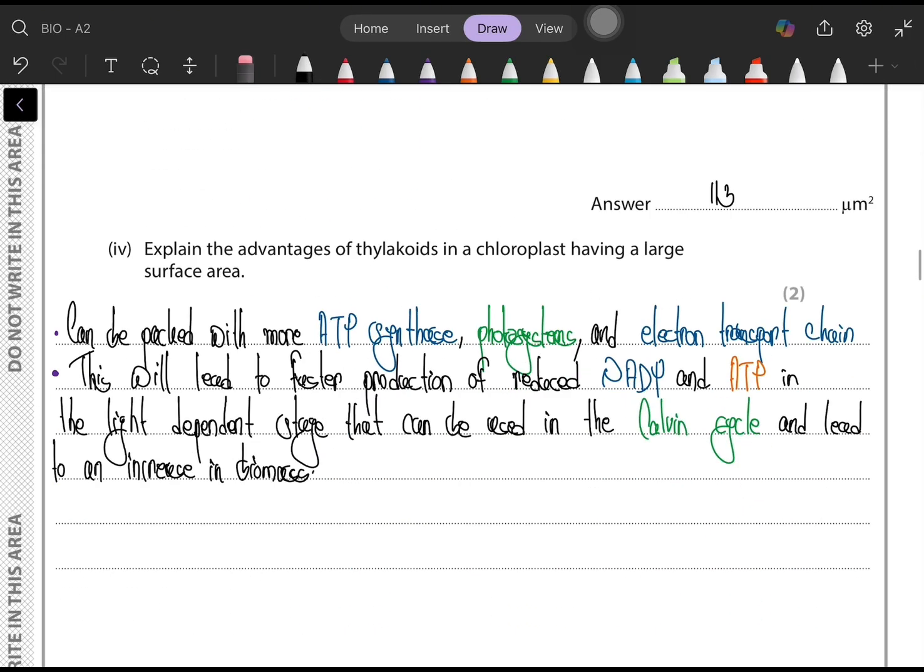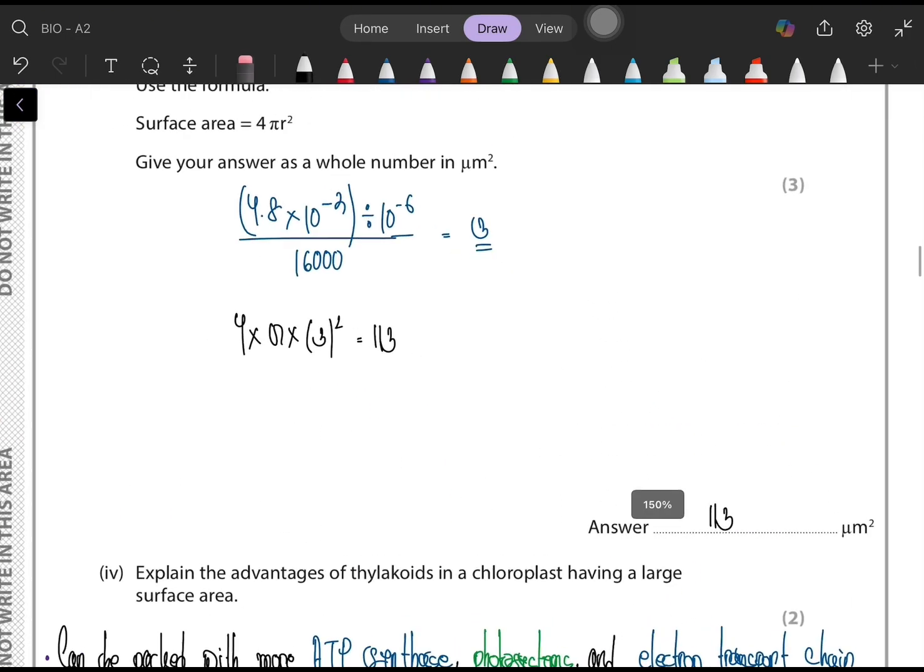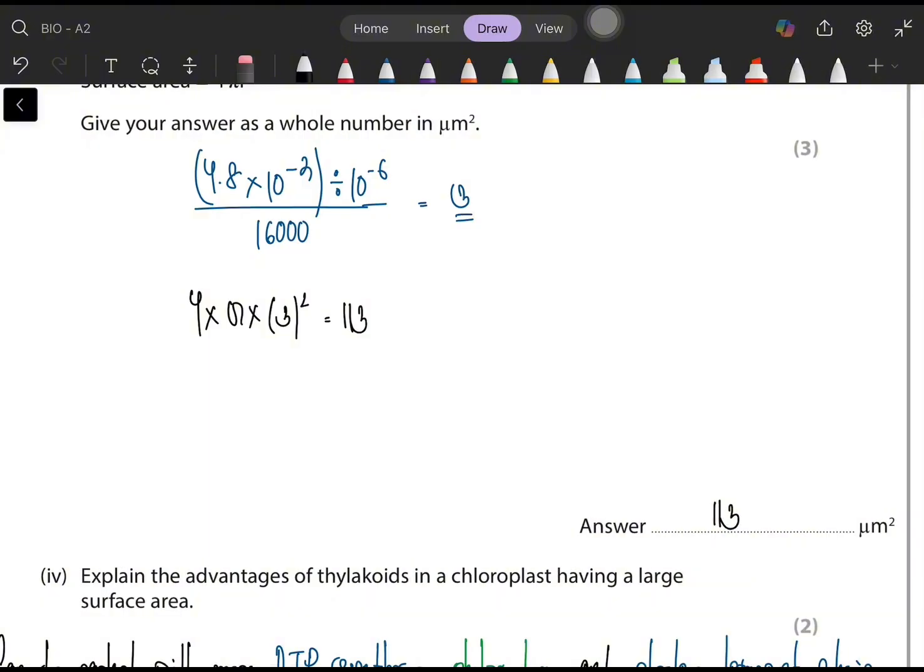And explain the advantage of thylakoids in a chloroplast of having a large surface area, right? So as I said, the light dependent reaction of photosynthesis takes place on the thylakoid membrane, right? And inside the thylakoid membrane we have these different structures known as photosystem 2, photosystem 1, electron transport chain, ATP synthase, and so on, right?